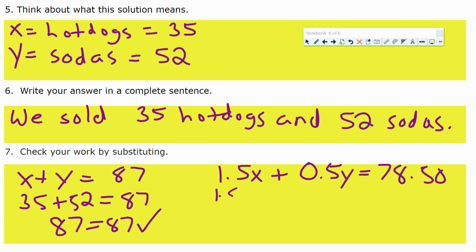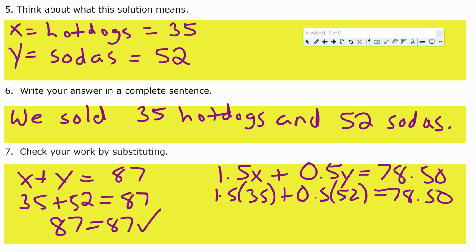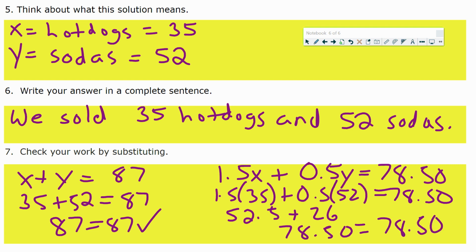And then $1.50 times 35 plus 50 cents times 52 should equal 78.50. So this equals 52.5 plus 26, which does equal 78.50. So both of them worked.